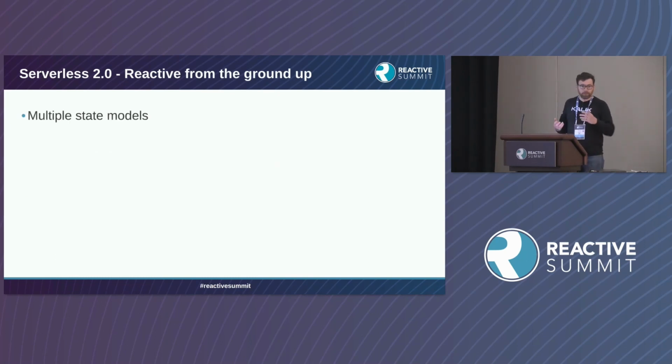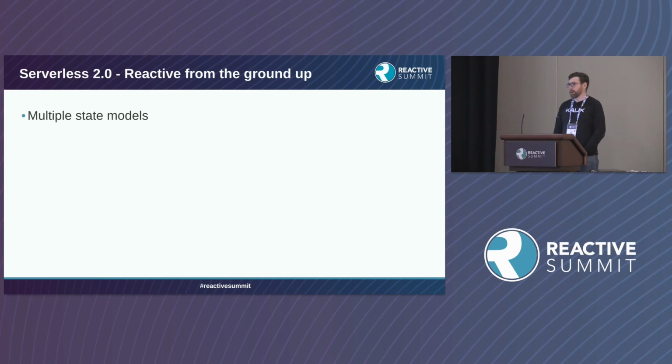In order to provide such a platform, we have to have multiple state models, because these kinds of reactive patterns, as I talked about before, we had actors, we have conflict-free replicated data types, we have event-driven applications, and these all kind of solve different problems in distributed computing.